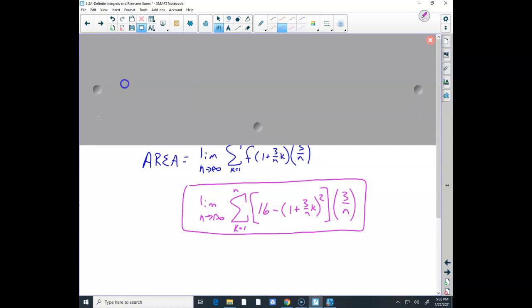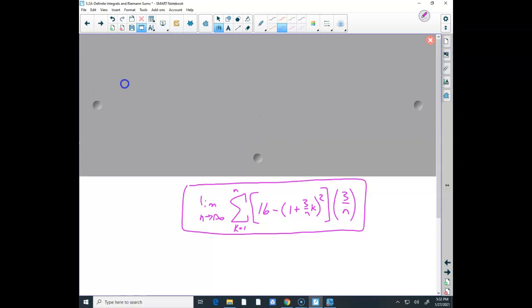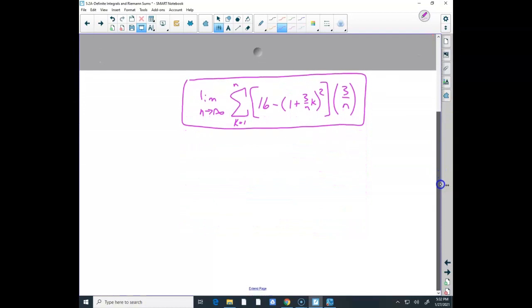All of this stuff on the top, you're not going to know any of it. They're not going to give you the blue form like I did, because that doesn't tell you anything about the function. All they're going to do is give you this and say, express the following limit, or express the following as a definite integral.